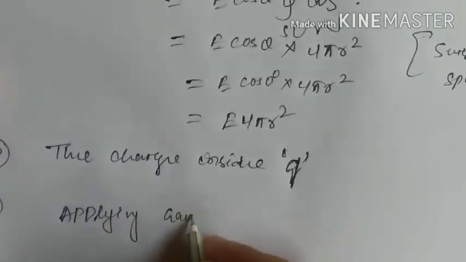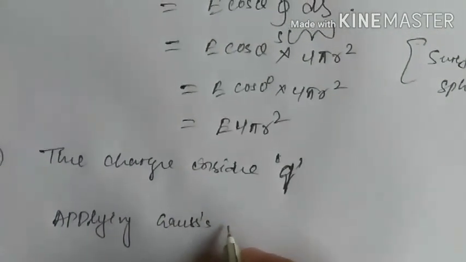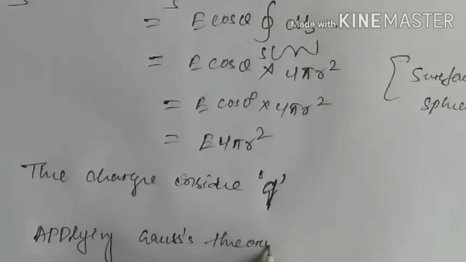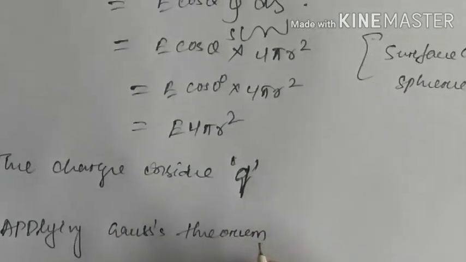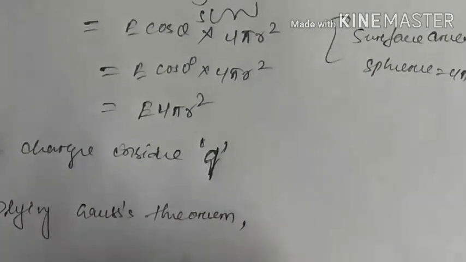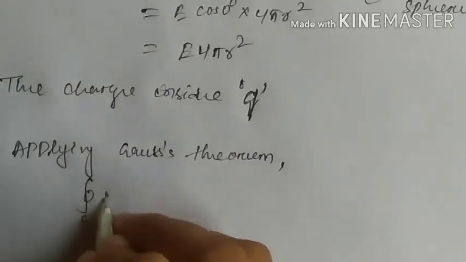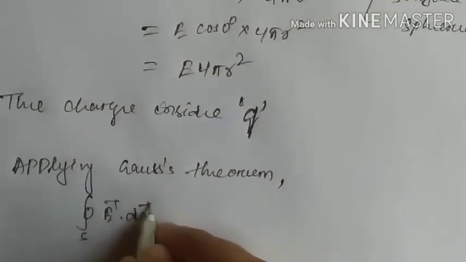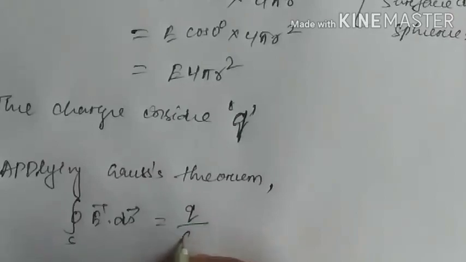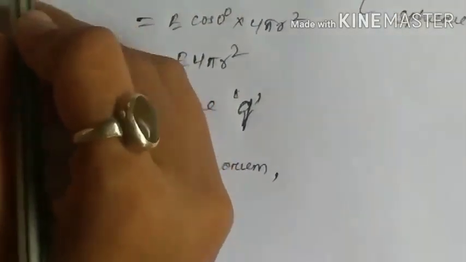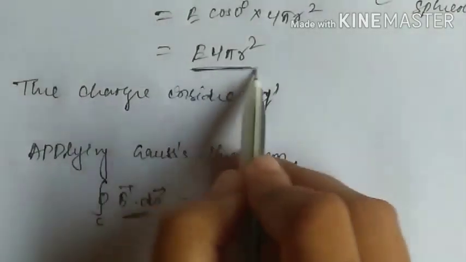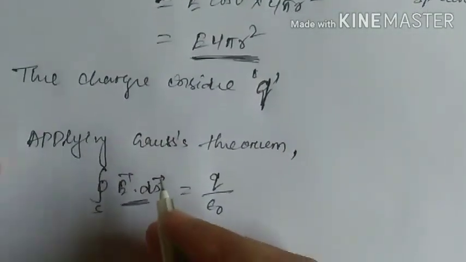Then applying Gauss's theorem, we can write closed integration E dot dS is equal to Q by epsilon naught. In place of E dot dS, we can write E into 4 pi r square, right?